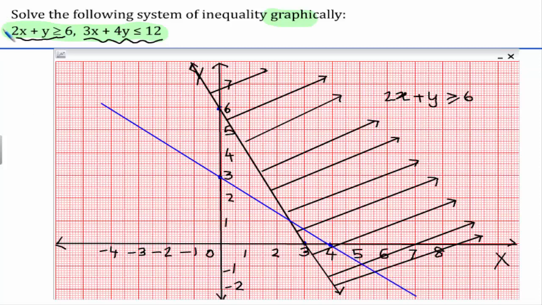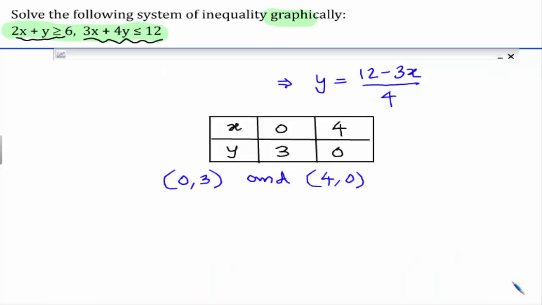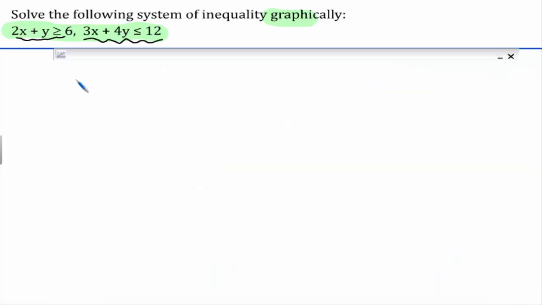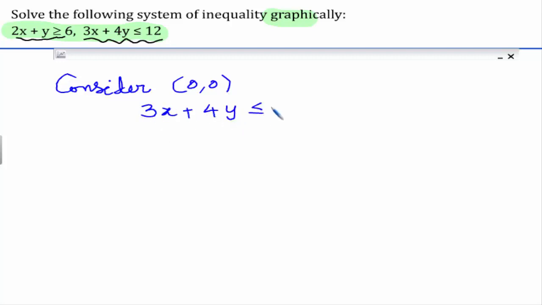Here is the graph of the equation 3x plus 4y is equal to 12. Now we have to select the region. For that, we will select the origin and substitute into the given inequality, which is 3x plus 4y less than or equal to 12.